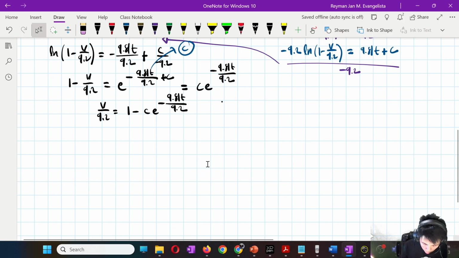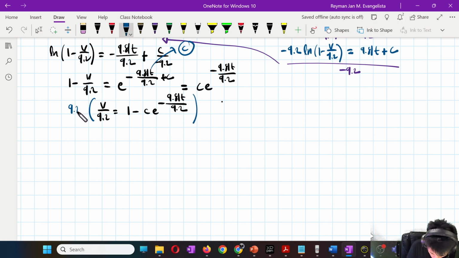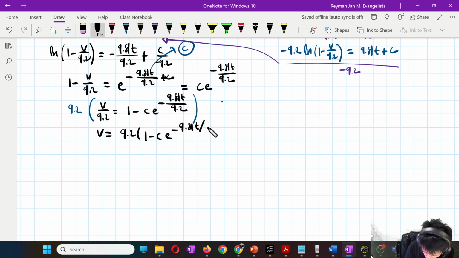Then multiply both sides by 9.2. So v is equal to 9.2 times the quantity 1 minus c e raised to negative 9.81 t over 9.2. To solve for c, we will use the initial condition. At t equal to 0 initially, our v sub o is equal to 4.6.